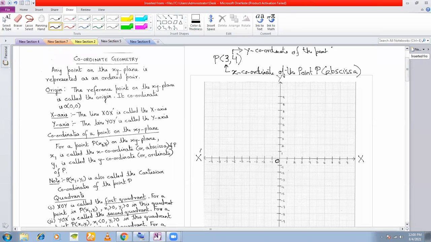The y coordinate is sometimes called the ordinate. Remember these two words. So if I ask what is the abscissa of P, you will say 3. If I ask what is the ordinate of P, you will say 4.